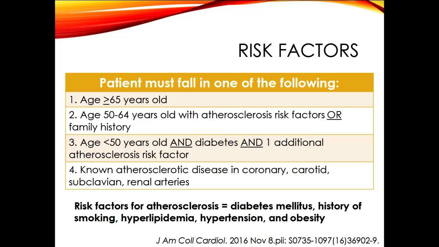Risk factors for atherosclerosis include diabetes, history of smoking, hyperlipidemia, hypertension, and obesity. Smoking and diabetes have particularly strong associations with PAD, and smoking represents the single most important modifiable risk factor for PAD. As laid out on the slide, these atherosclerosis risk factors play an important role in defining the risk factors for PAD in patients less than the age of 65.